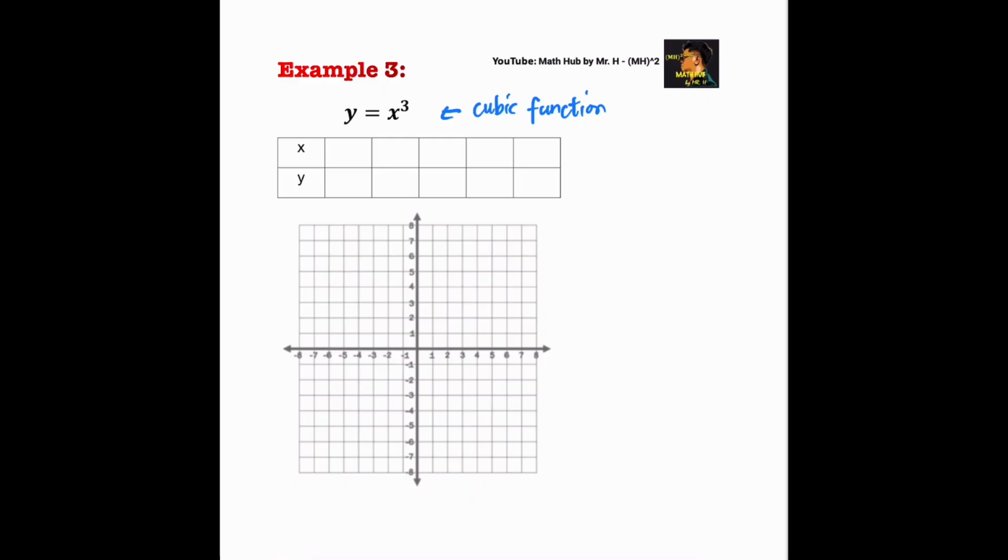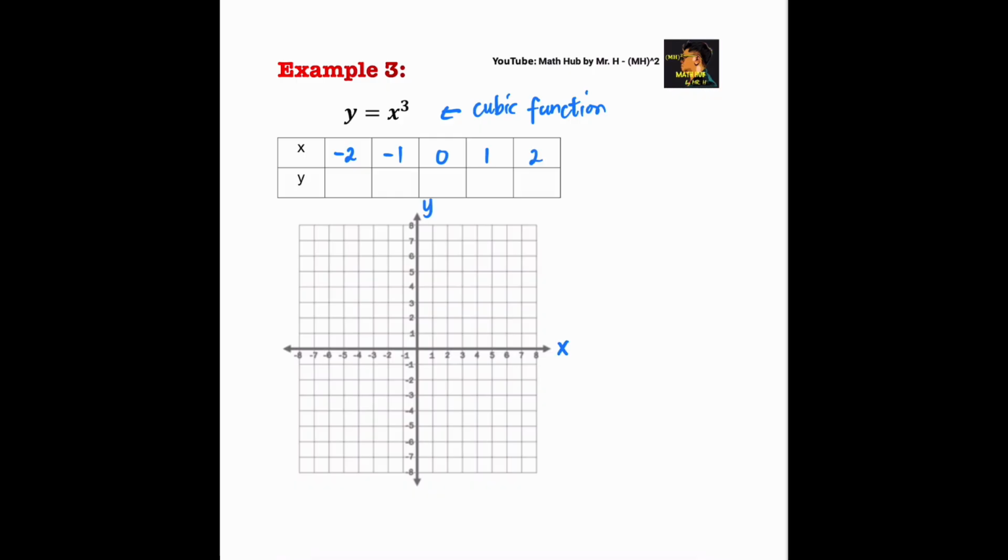For this example, I would like to use the same set of values that I used for example 2 for quadratic. So x: -2, -1, 0, +1, and +2.